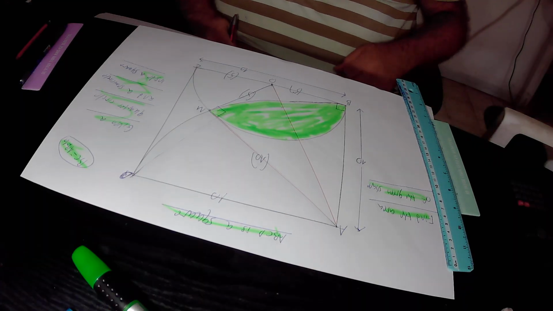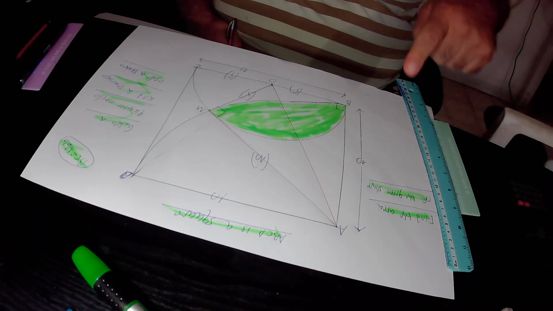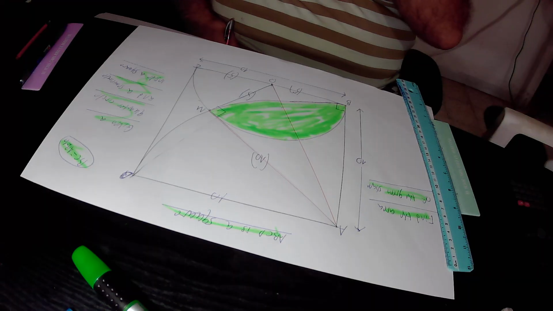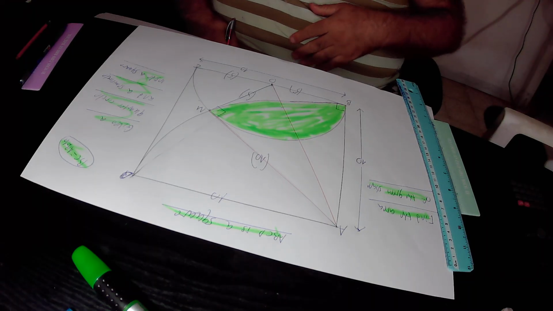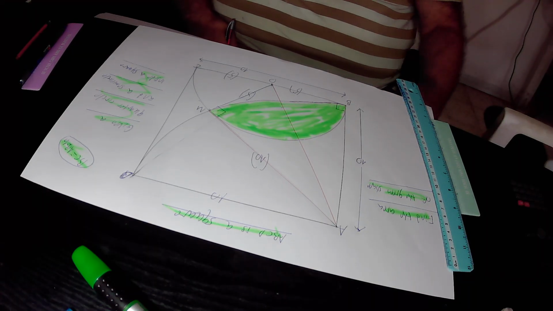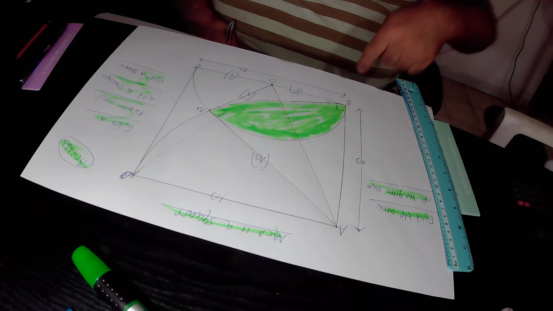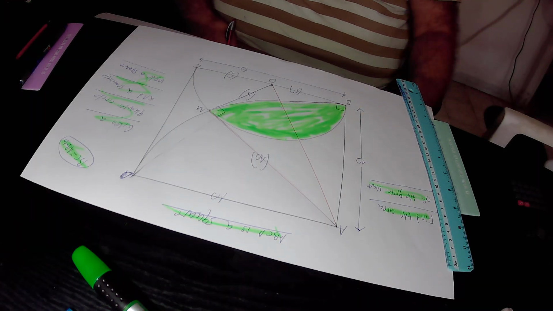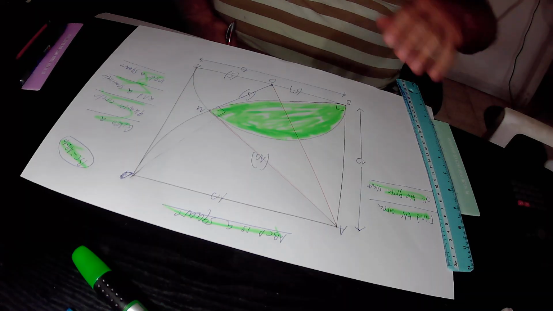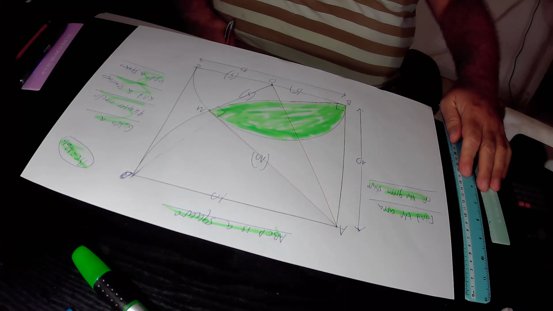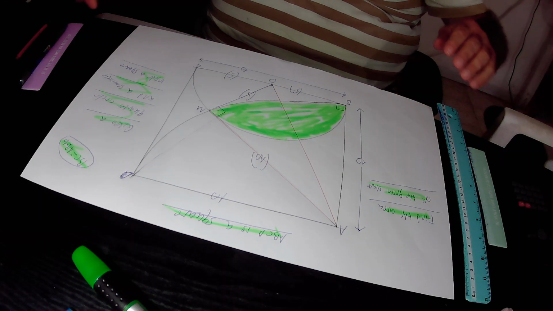By joining points A and O, we created the right triangle ABO. So we'll copy the right triangle ABO in a new page and implement the Pythagoras theorem on this right triangle, triangle ABO. According to the Pythagoras theorem, in any right triangle, the square of the hypotenuse equals the sum of the squares of the perpendicular sides.